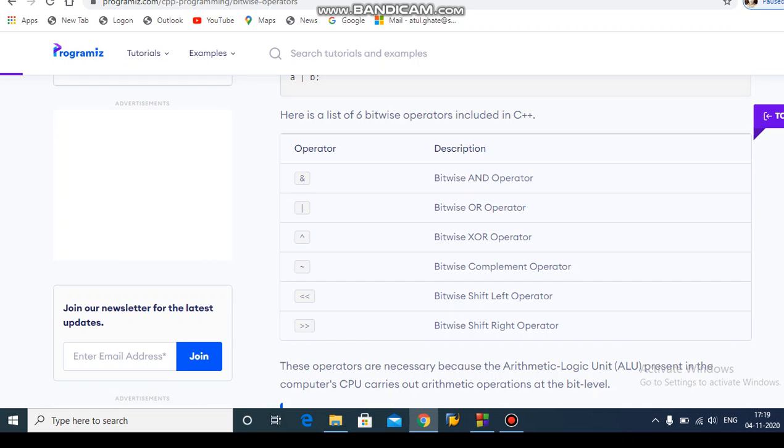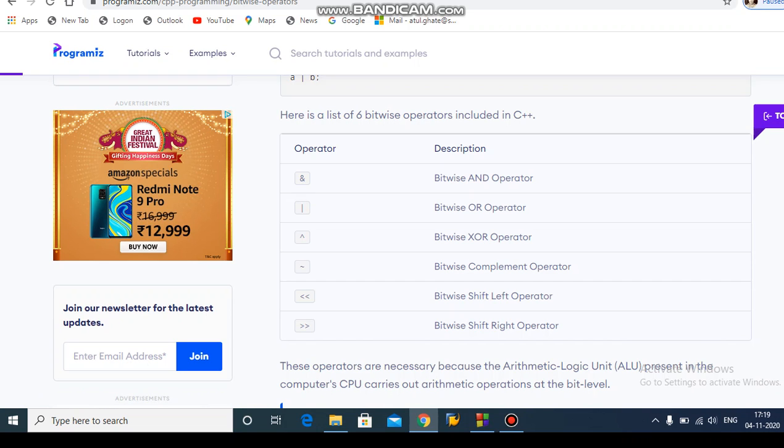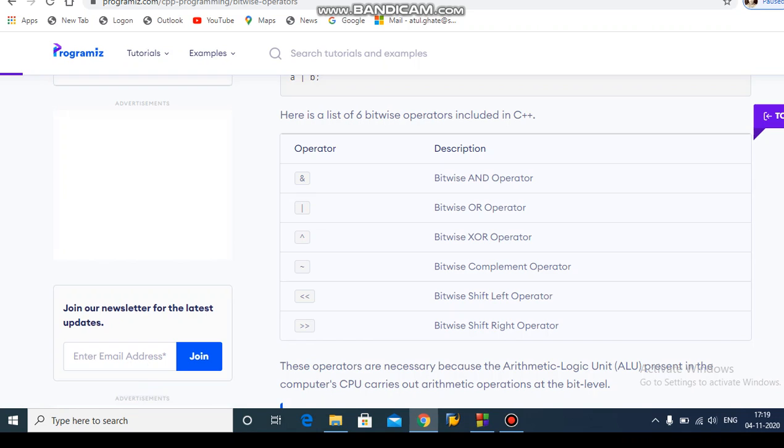Its working is different from the logical OR operator because it is calculated at the bit level. The third is the bitwise XOR operator. The AND operator, OR operator and XOR operator each consist of their own logical table. Following the logical table, we are seeing.